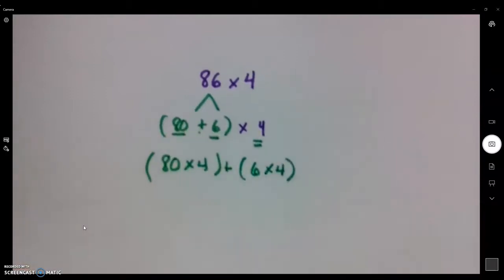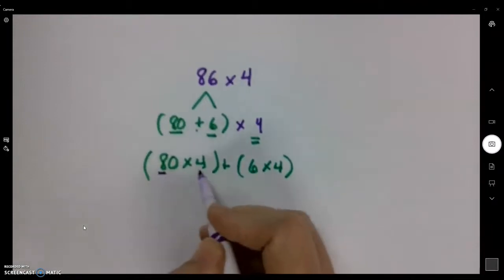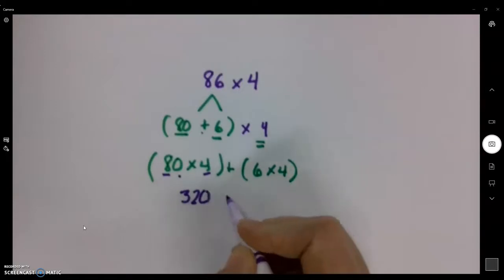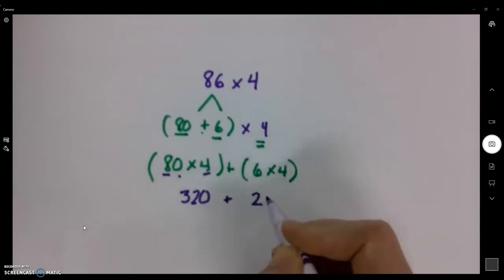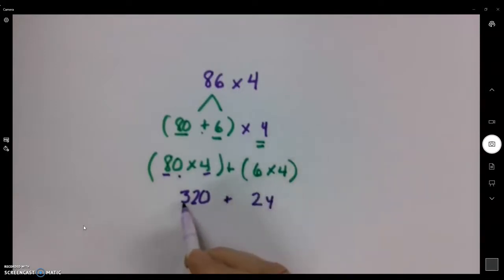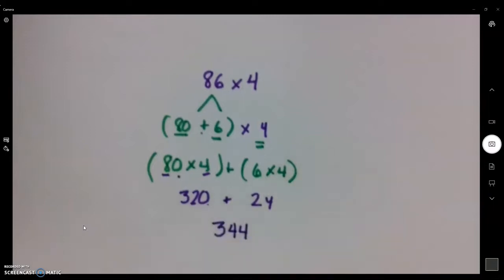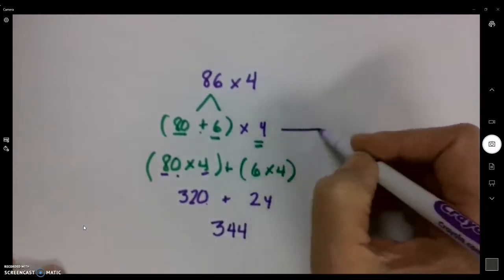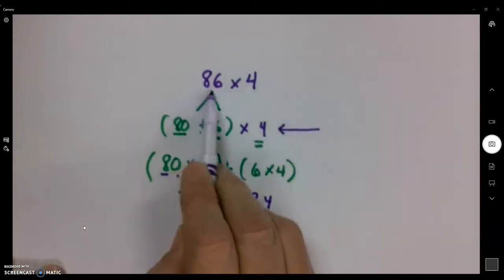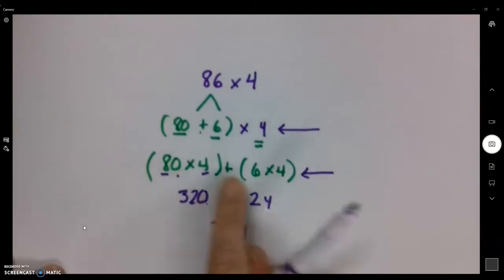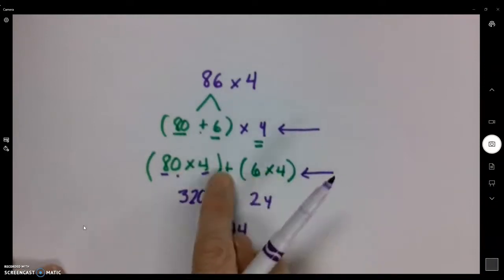And then here, I do the same thing. 8 times 4 is 32, and it's tens. 6 times 4 is 24. And now I know 320, well 20 plus 20 is 40, so that's still going to give me 344. And what we looked at a minute ago, we said right here is one way to show 86 times 4. Well, right here is another way to show 86 times 4.